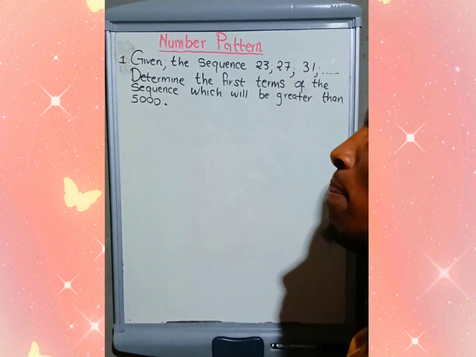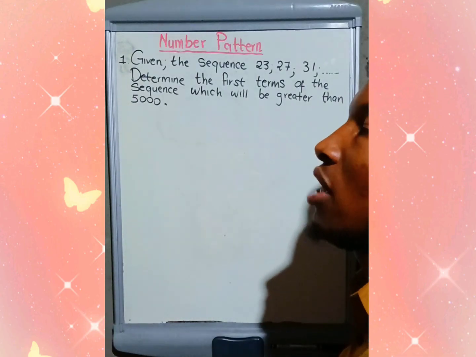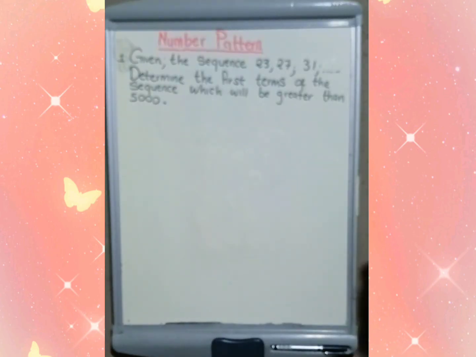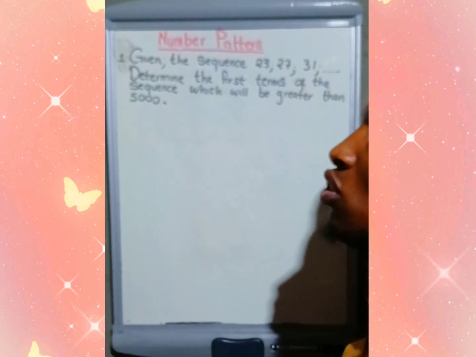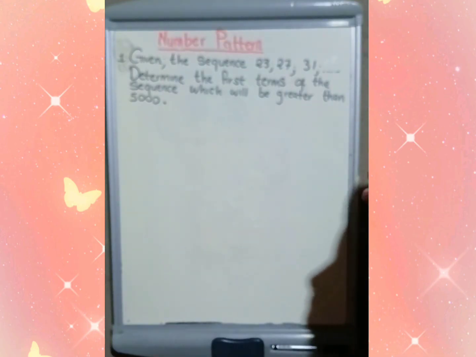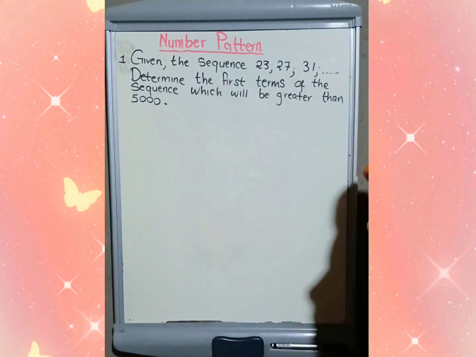We always get the constant ratio in a geometric sequence. As well, we have a common difference, where you look at the value of d, which must equal t2 minus t1, and also t3 minus t2.